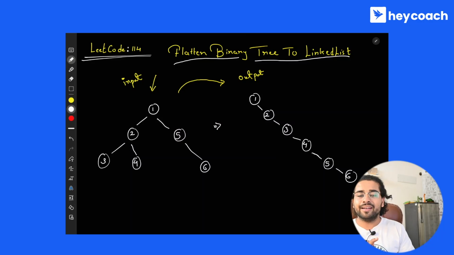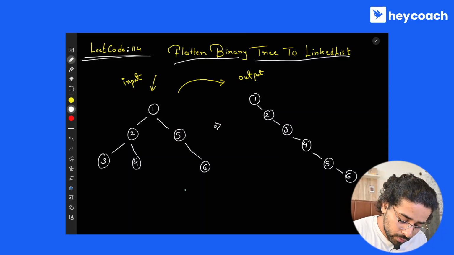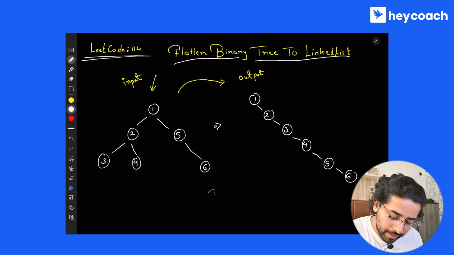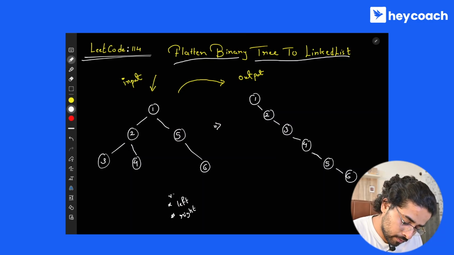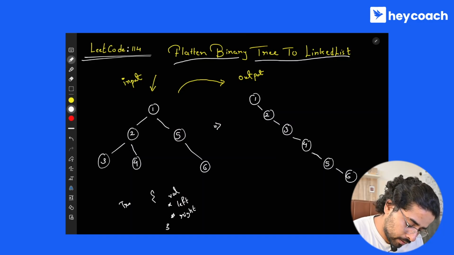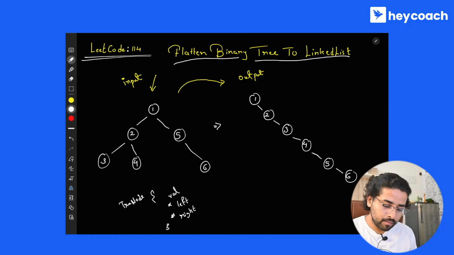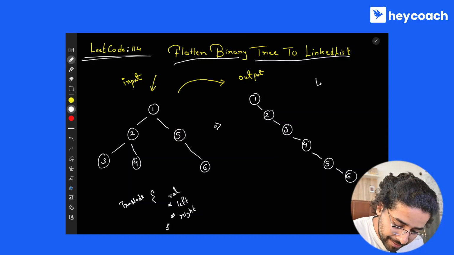The constraint here is we don't want to change our binary tree structure. What does the binary tree structure follow? A binary tree contains a left and right node, and the value of it. This is our tree node structure. And what is the linked list structure here?